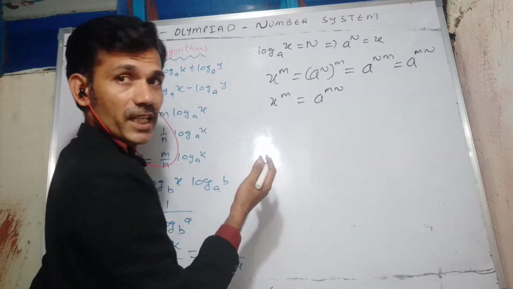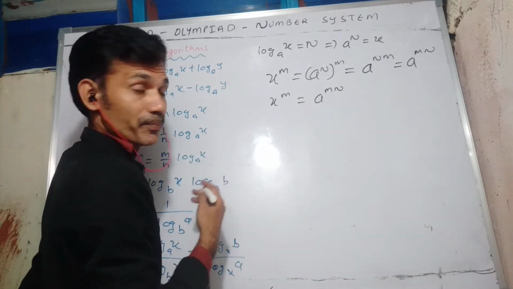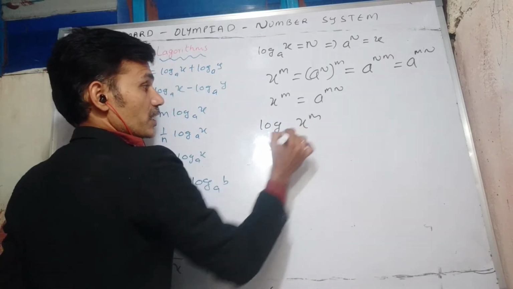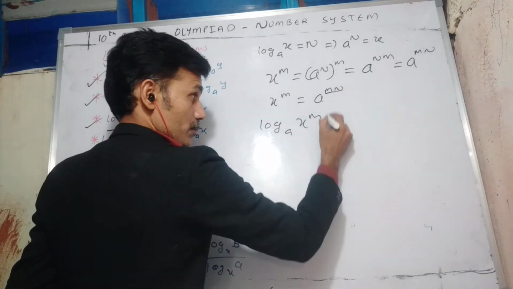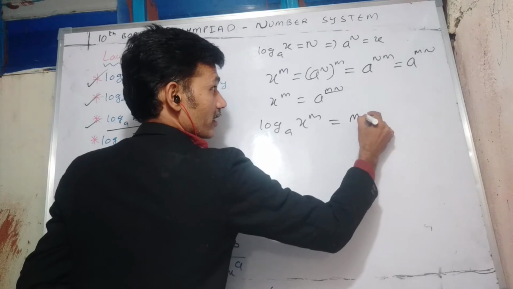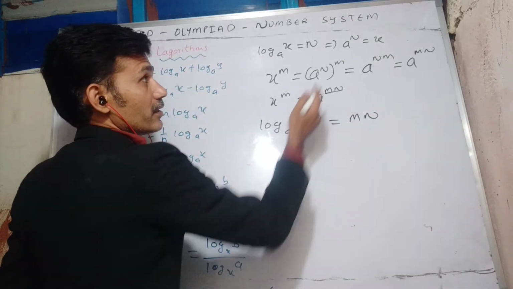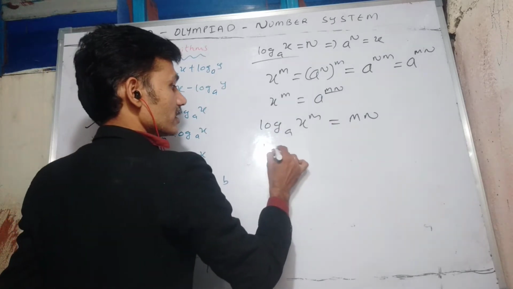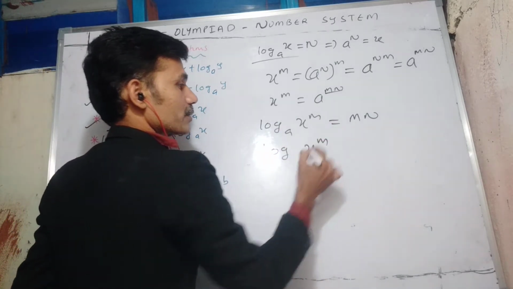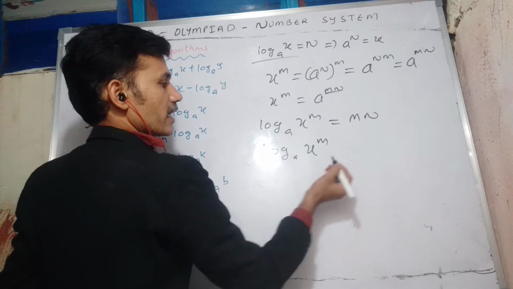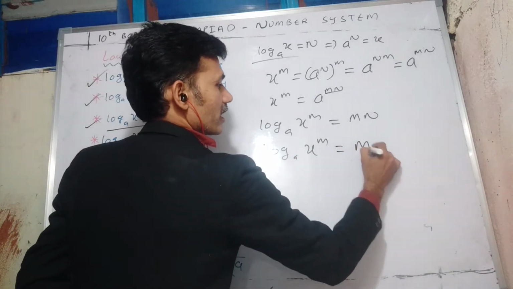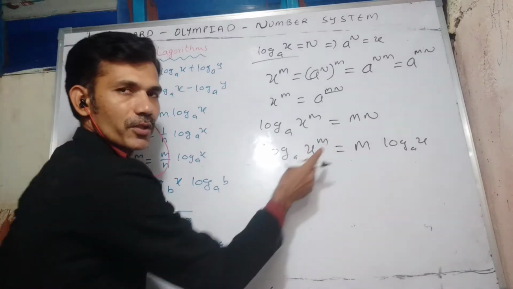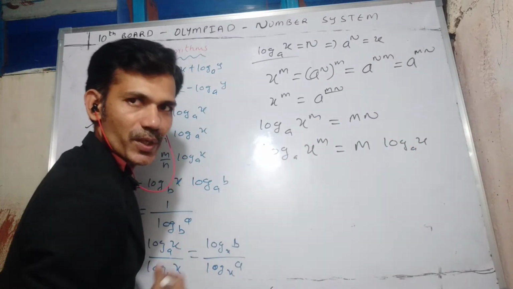Now this you express in logarithm form. So log x power m base a will be equal to that exponent. What is that exponent you are having? M times n. So n is nothing but log x, no? N you replace, so that we will get the formula for log x power m to base a, that is nothing but m times log x. Log x power m they have given means m times log x you can write.